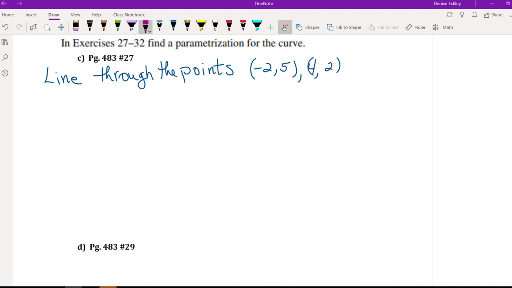We're going to call this point A and the second point, point B. If we were to do this with vectors, it would look something like this.